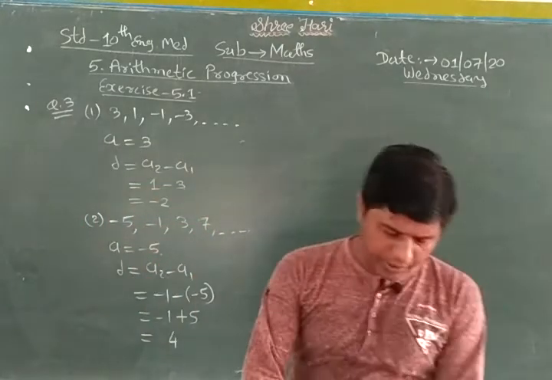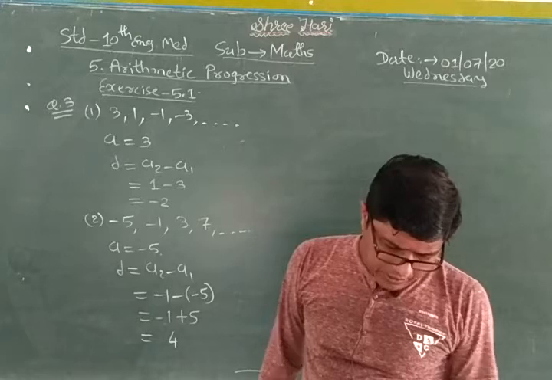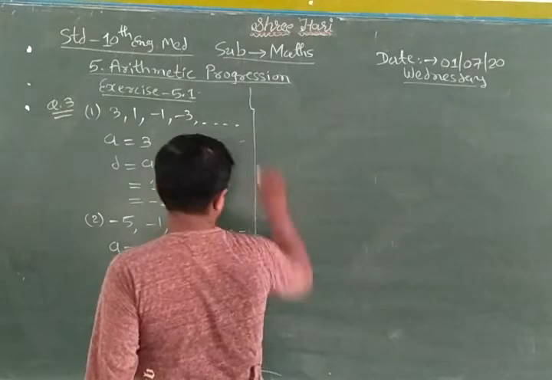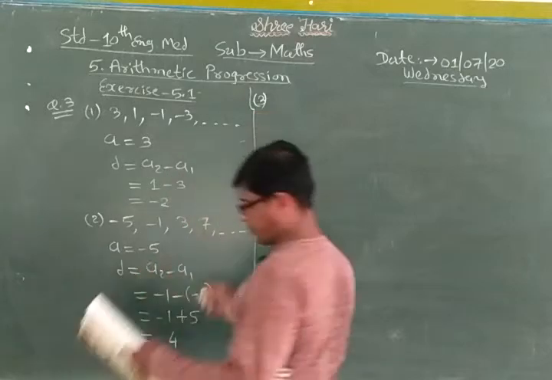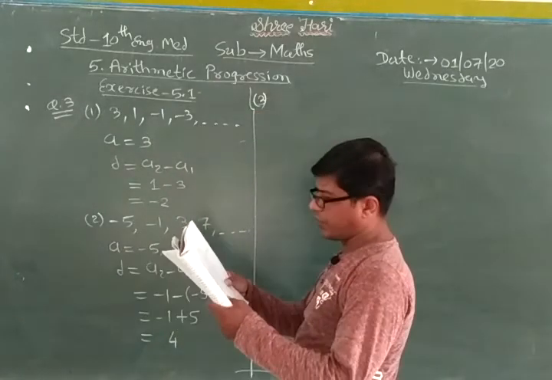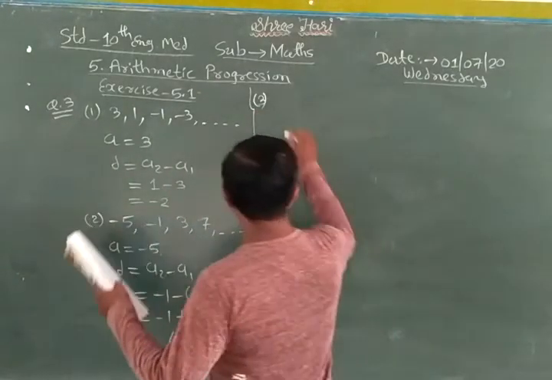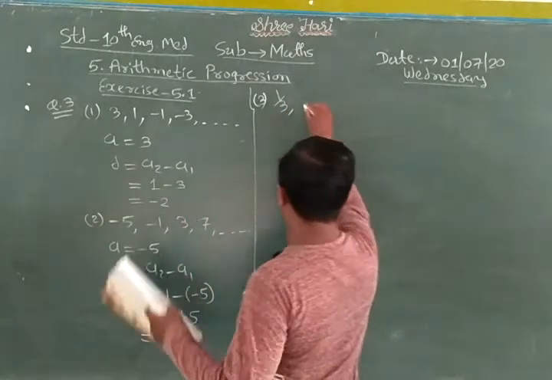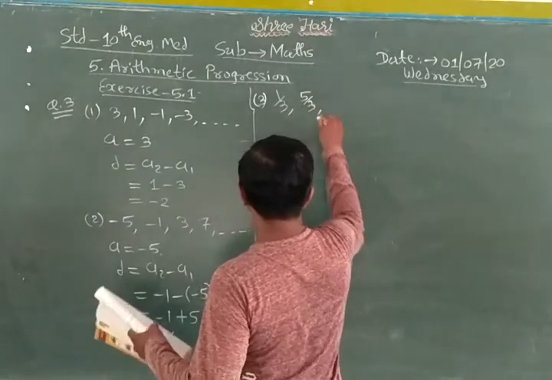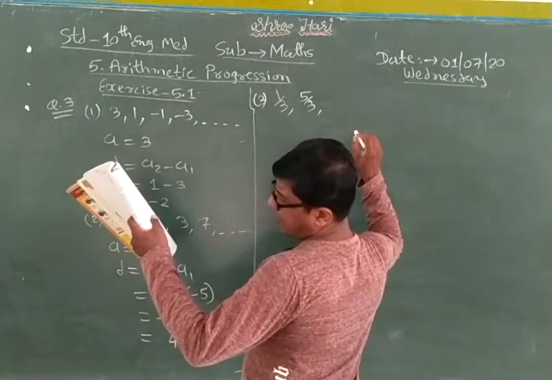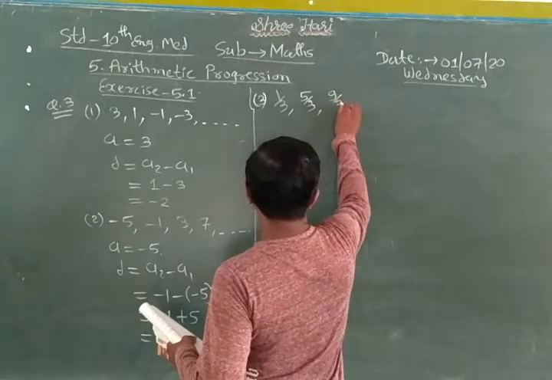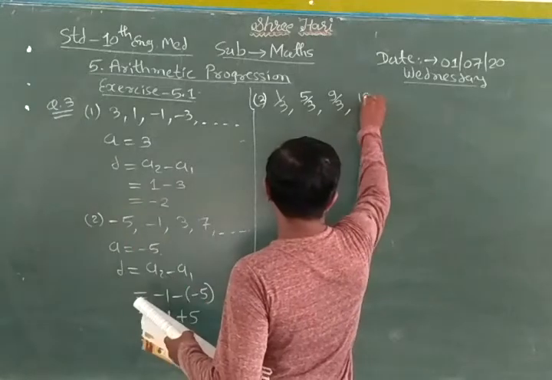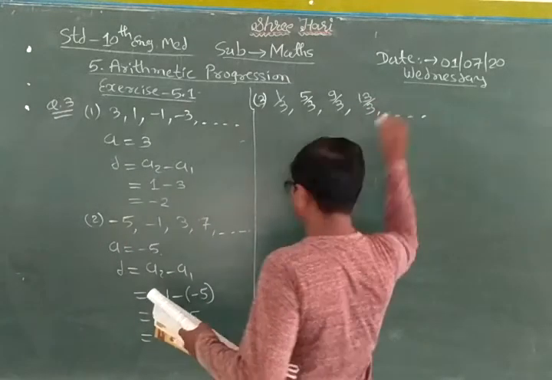Now question number 3, third part. Write down the question here: 1 by 3, 5 by 3, 9 by 3 and 13 by 3, up to this.